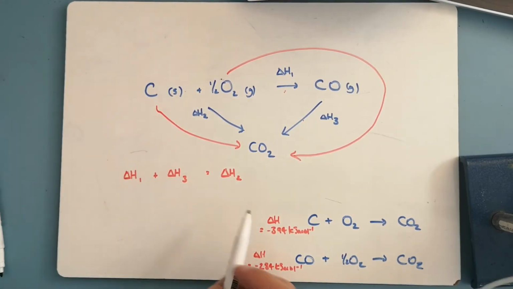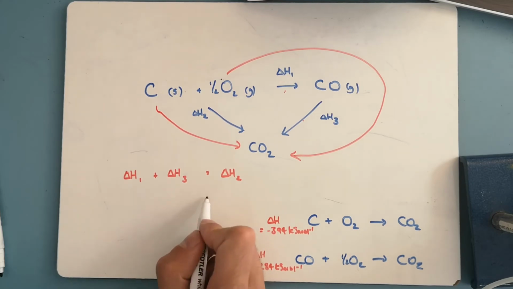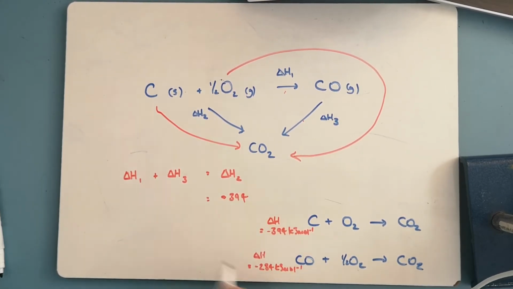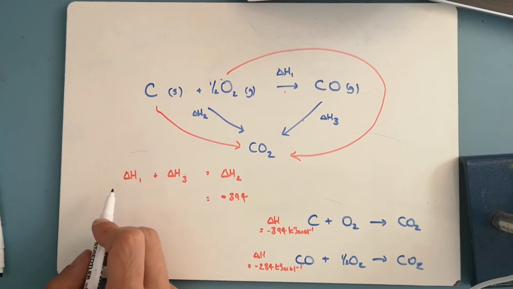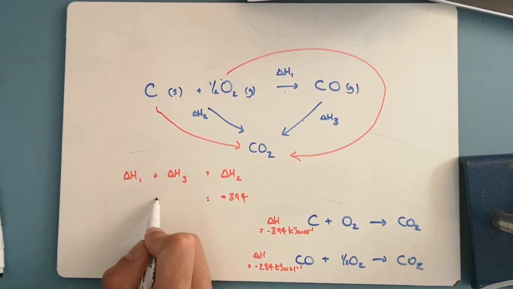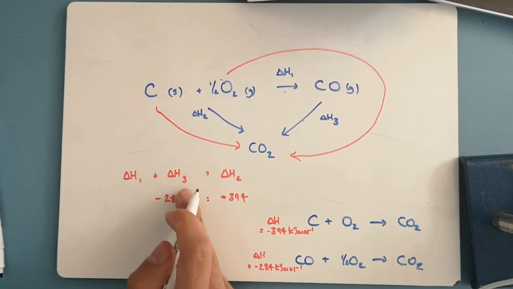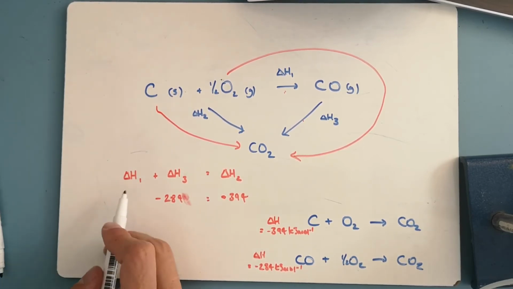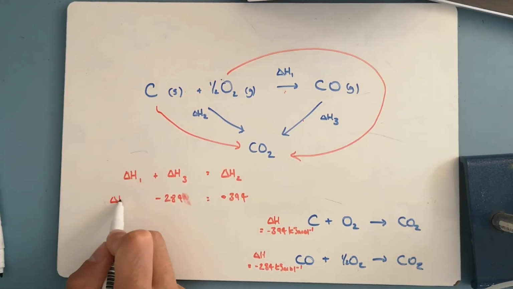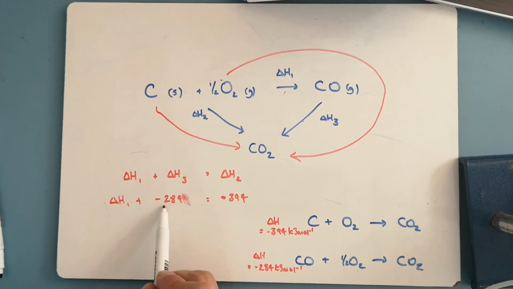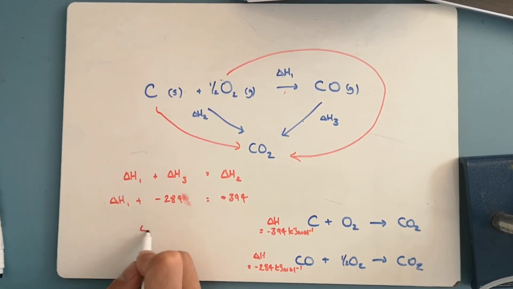And I have those values. Well, I have two of those values. I've got delta H2 is minus 394. And delta H3 is minus 284. I won't put the units in for this, just to save space. So delta H1, our initial one we're trying to work out, plus minus 284 is going to equal minus 394.